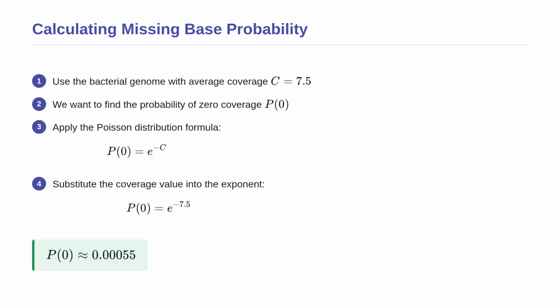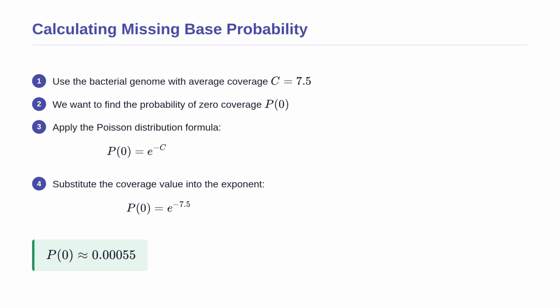Let us apply this formula to our previous bacterial genome example. We are given our previously calculated average coverage of 7.5. We are asked to find the probability that a specific crucial gene mutation is completely missed because it was sequenced 0 times. Because the fragments are generated randomly, we choose the Poisson distribution formula.